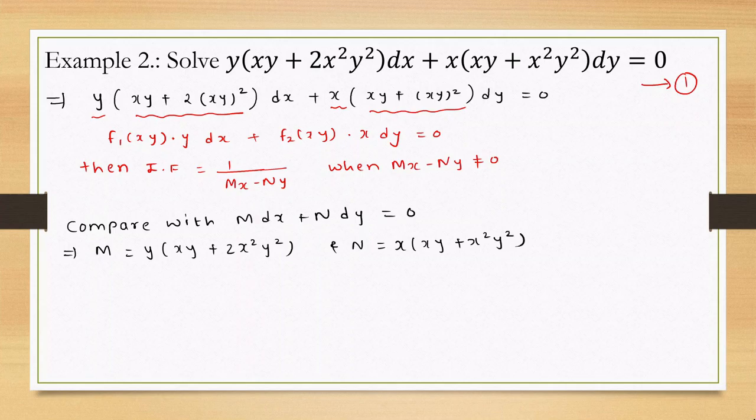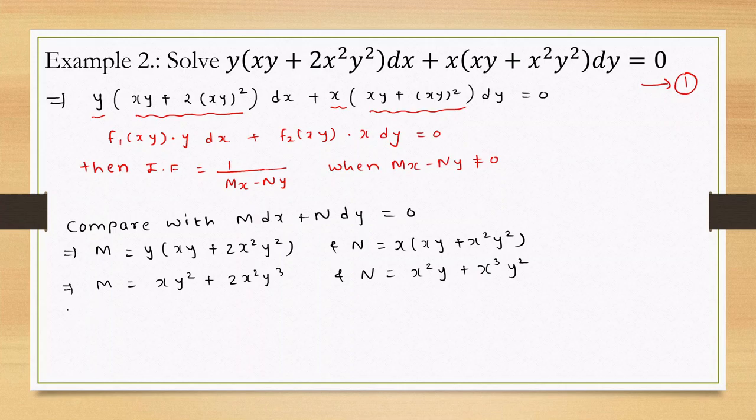Right? So first step, always check whether it is exact or non-exact. Then we can find the integrating factor. Right? Okay. Now we can write it as, so this is x y square plus 2x square y cube and N is x square y plus x cube y square.